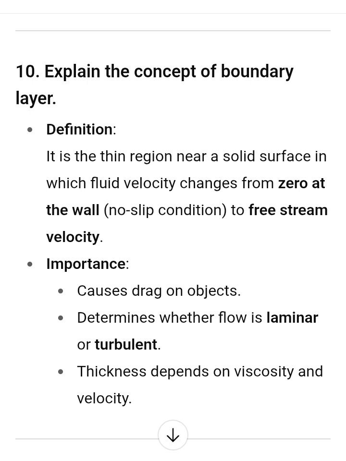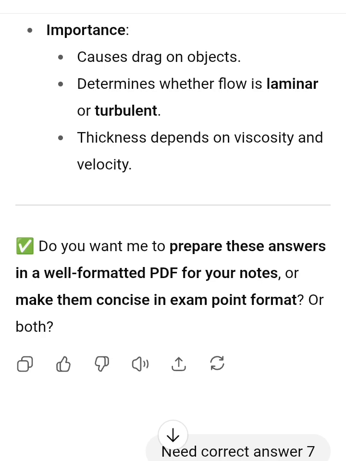That is called the boundary layer. The importance of the boundary layer: it causes drag on objects, determines whether flow is laminar or turbulent, and its thickness depends on viscosity and velocity.